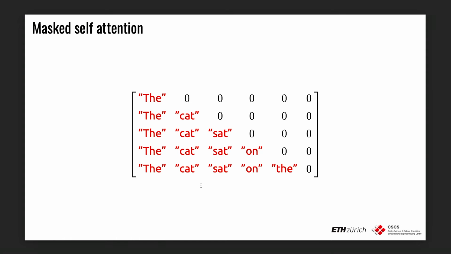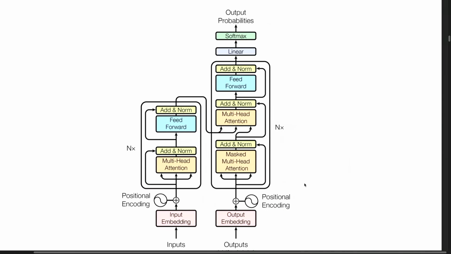Well, I forgot the last one, but the cat sat on the mat, and we pass the two sentences. We pass the cat sat on the mat in Spanish, and then we pass it in the target language, that is English.